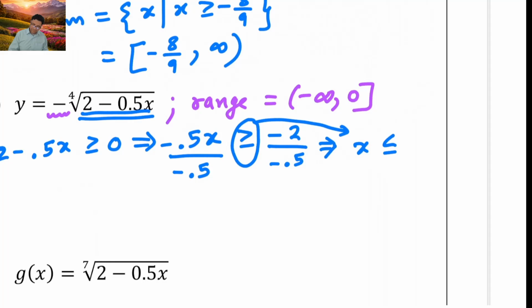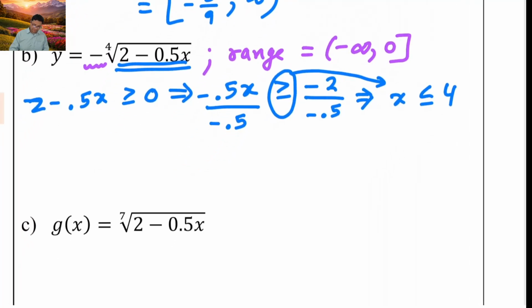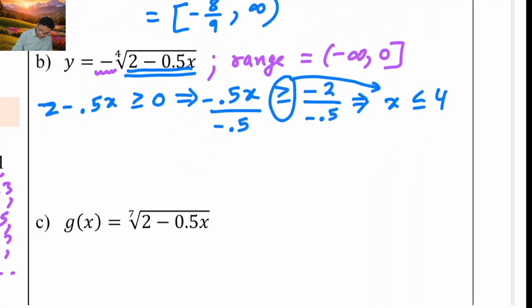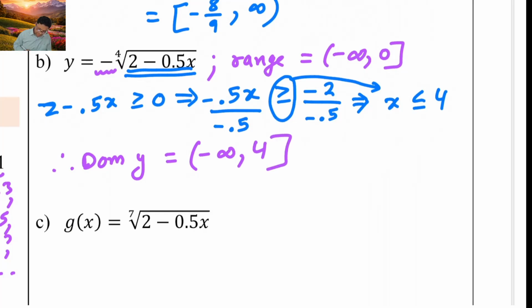And negative 2 divided by negative 0.5 is 4. So x is equal or less than 4. And therefore you say the domain of y is negative infinity up to 4.